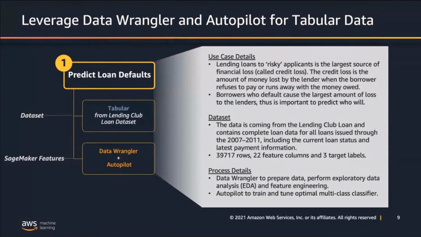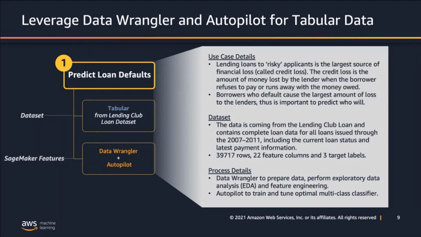For the first one, for example, the open source dataset that we will use is coming from Lending Club and contains complete loan data from all loans issued from 2007 to 2011, including the current loan status and latest payment information.